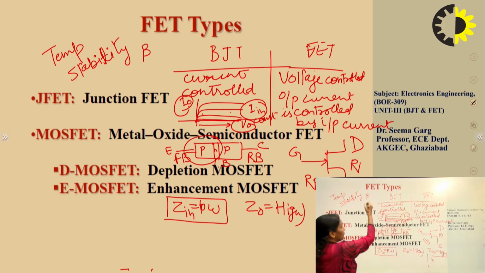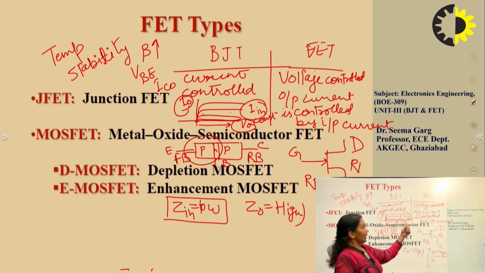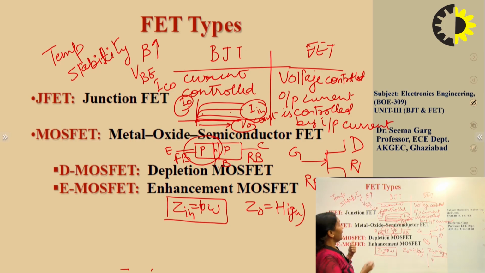Beta increases with the rise in temperature. VBE decreases by 1 millivolt per degree rise in temperature, and the leakage current gets doubled with every 10 degree rise in temperature. That means the BJT is a temperature sensitive device, whereas the field effect transistor is less temperature sensitive, but the gain of the BJT is more in comparison to the gain of the field effect transistor.